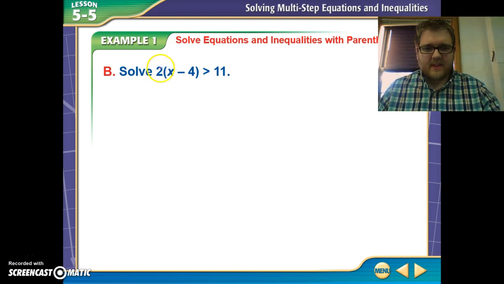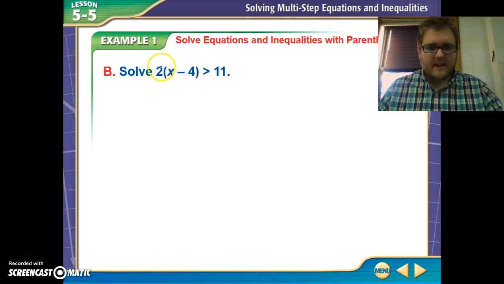So now let's look at an inequality that involves parentheses. Same idea. We have this number multiplied by a quantity. So we're going to go ahead and distribute. And let's first remember that this minus is a plus negative. So let's distribute the 2 to the x and the negative 4.